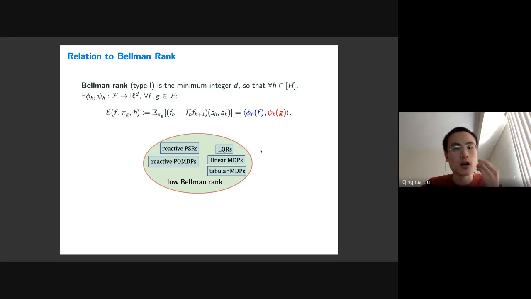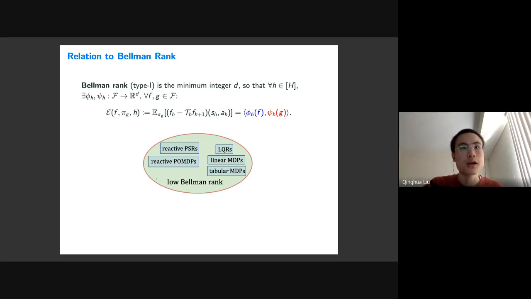Here I want to comment that we are talking about the type 1 Bellman rank. In the original paper, they have a slightly different version of the definition: their action a_h is not taken with respect to pi_g, but with respect to the greedy policy of function f. In our paper, we call that original definition type 2 Bellman rank. It turns out both type 1 and type 2 have their own advantages.